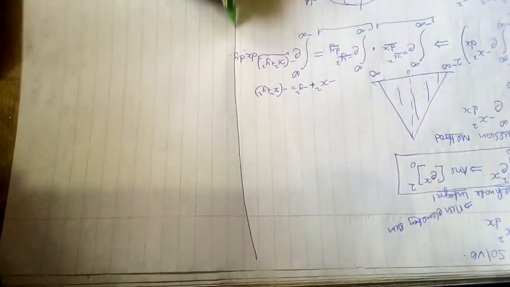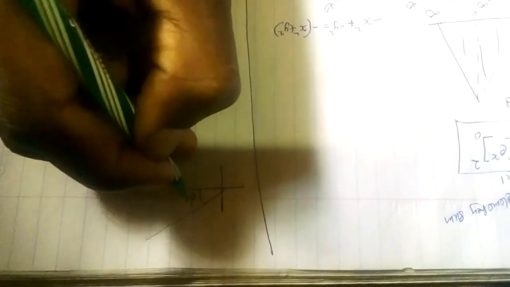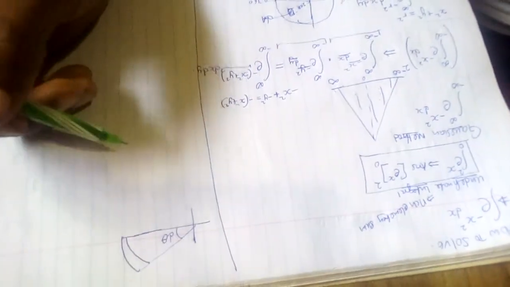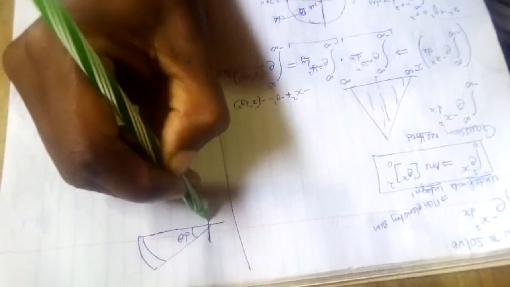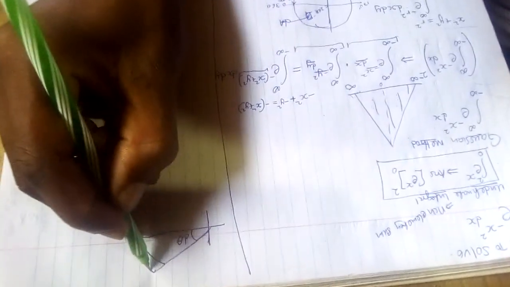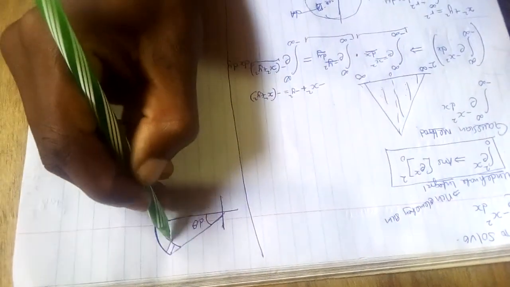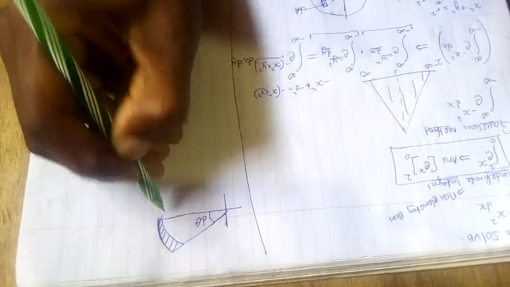So we're going to have something like this. This is d theta. Then you're going to have a shaded part there.